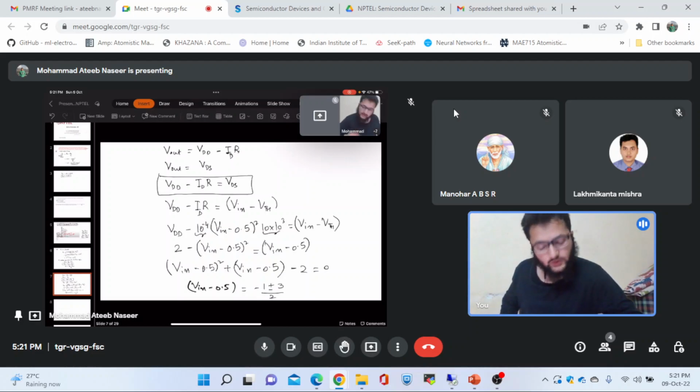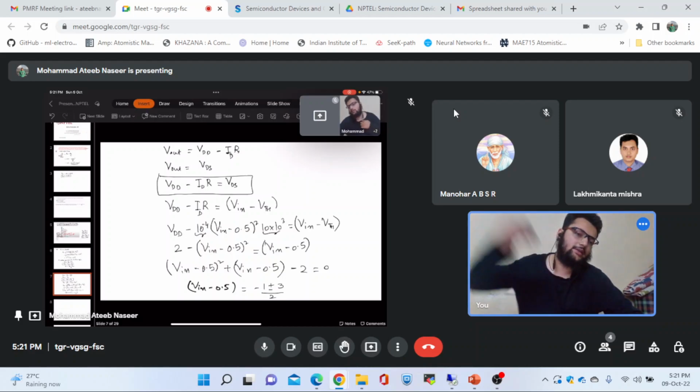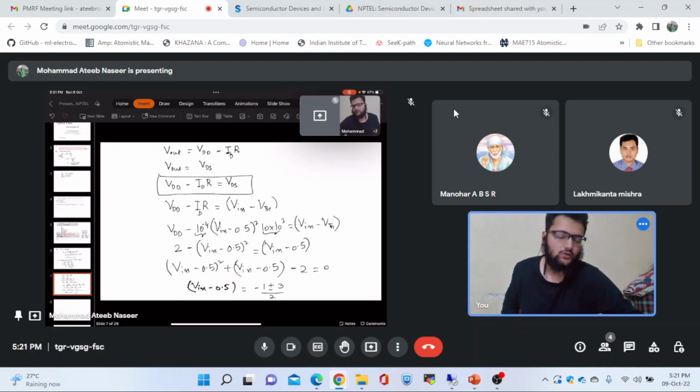I can't use minus 3 over here because we have to bias this MOSFET in the saturation region first. If we use a negative value, we will never be able to get VGS greater than VTH, which would mean the MOSFET is in the off state under that voltage condition. Since we are switching from the saturation to the linear region, it is necessary to consider the positive magnitude of this voltage.